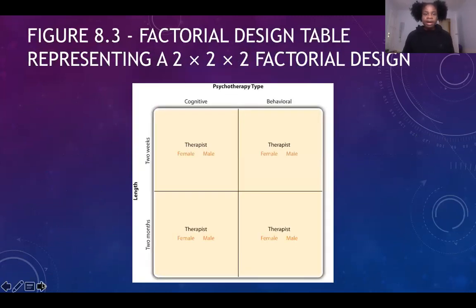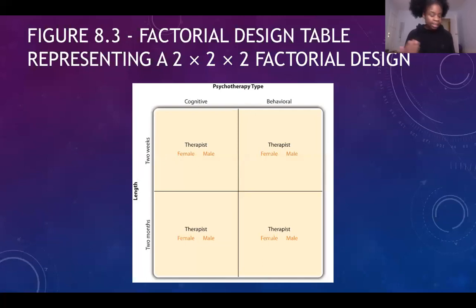We also have figure 8.3, which you can find on page 142 in your textbook.